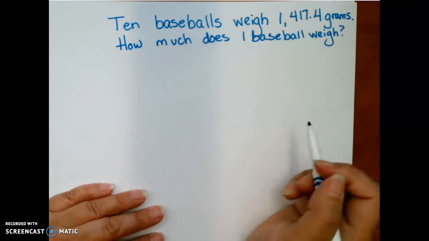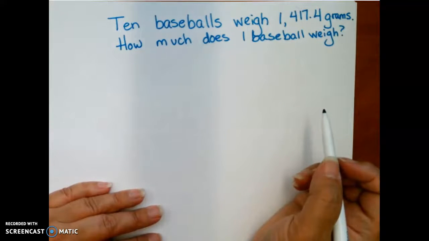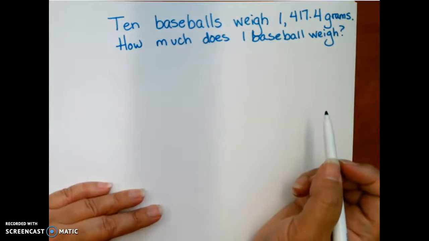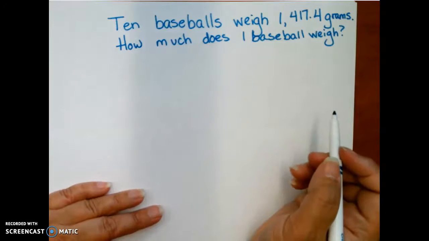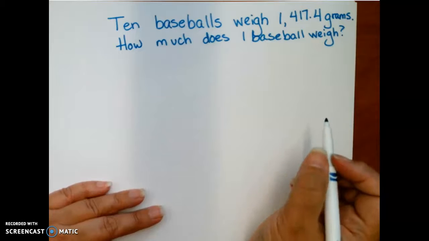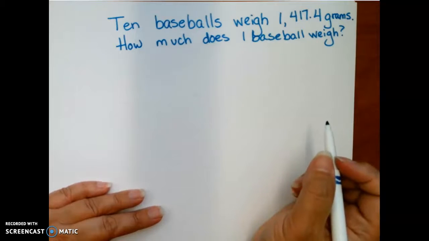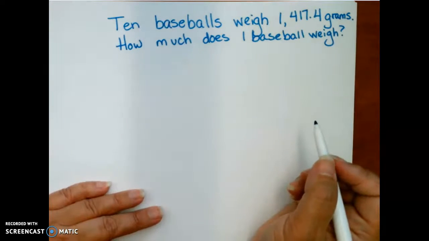Now we're going to apply some of what we've already learned to this problem. We know that we can divide things by 10 and move our digits on our place value chart. So if 10 baseballs weigh 1,417 4/10 grams, how much does 1 baseball weigh?